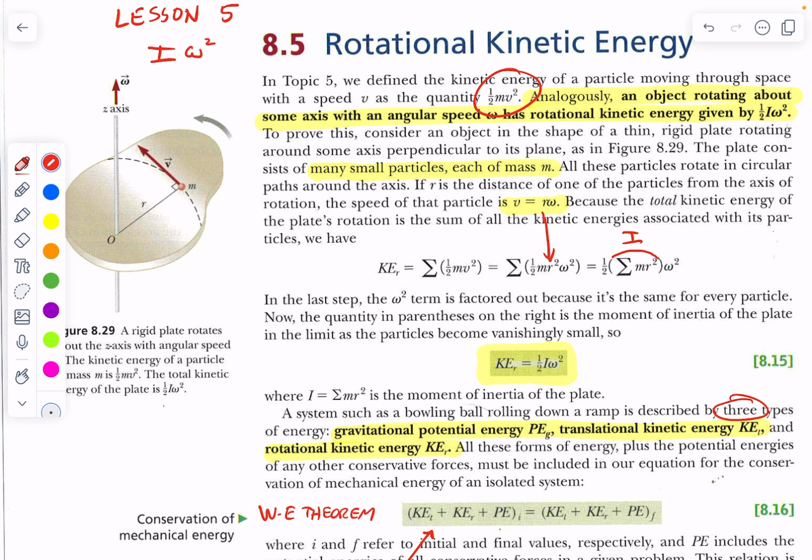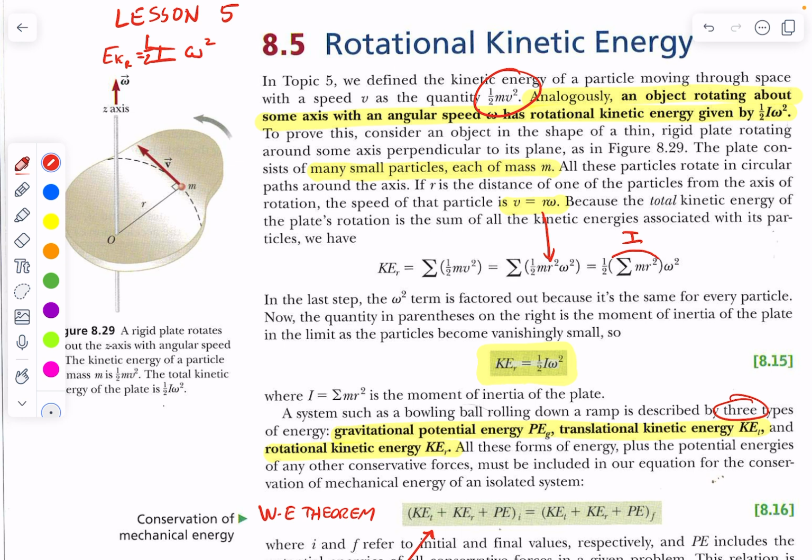So when I talk about rotational kinetic energy, it's I omega squared. And of course, I forgot the 1/2 in there: 1/2 I omega squared. You can see the similarity.